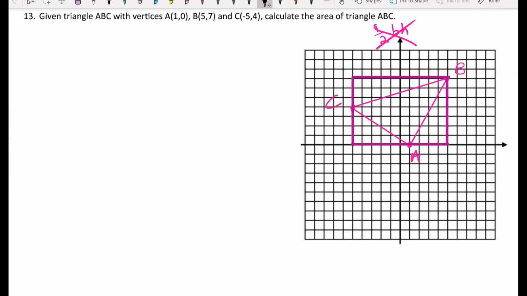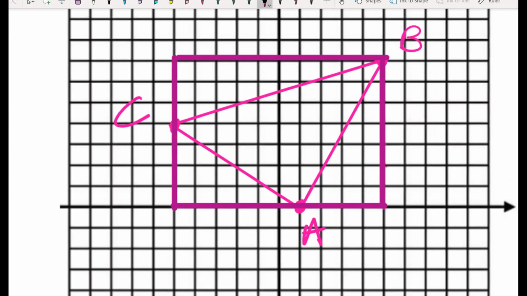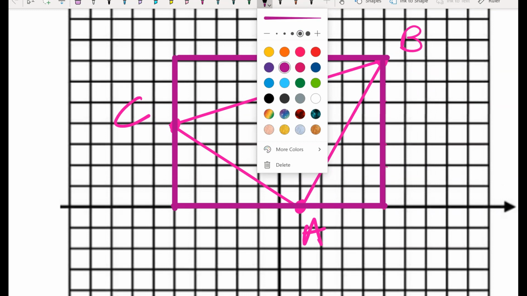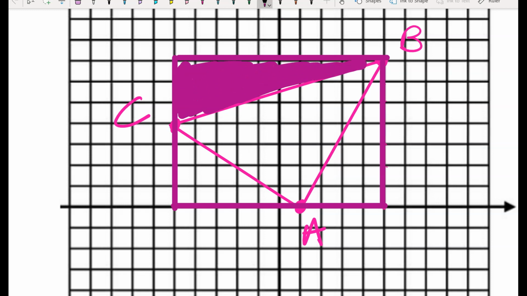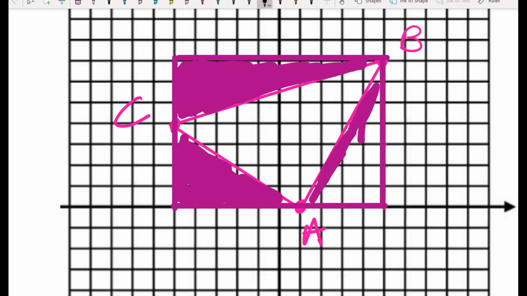And notice I've created 3 right triangles around this figure. There's this one up top that I'll shade in to the best of my abilities. It's not going to be perfect, but you'll get the idea. There's this one on the left-hand side. And there's this one on the right as well.